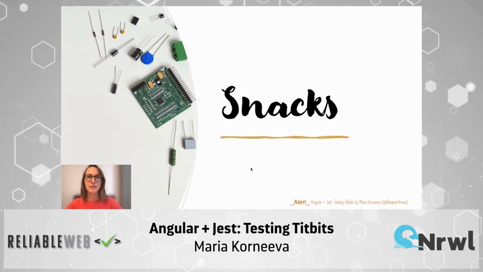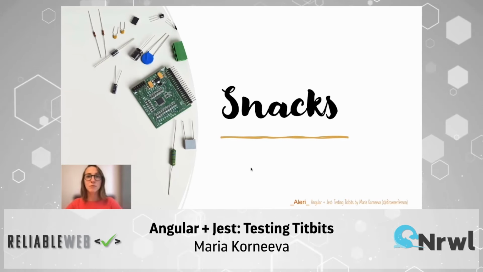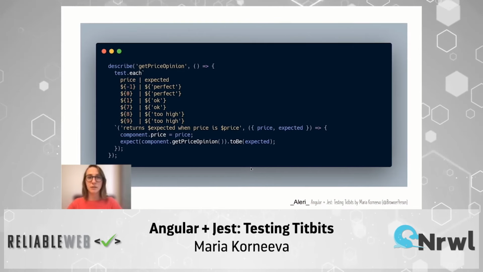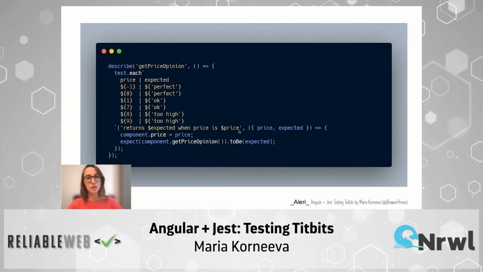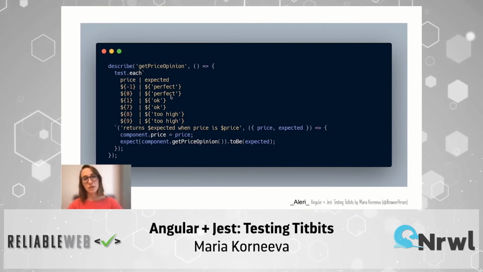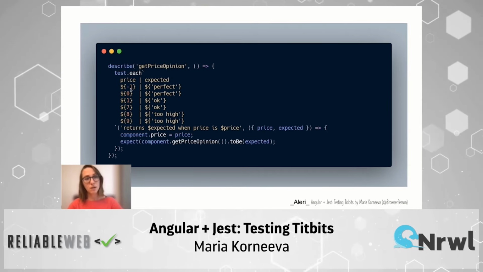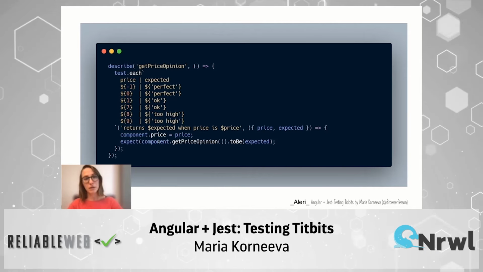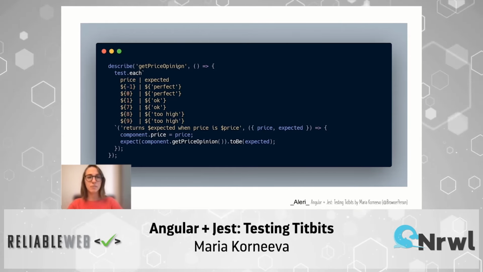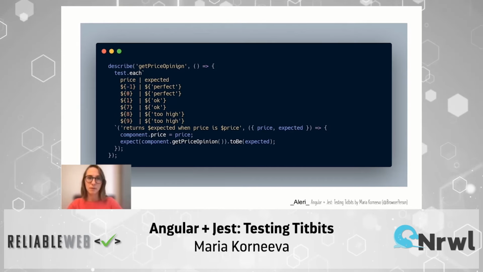Once we've clarified some underlying concepts, let's move on to some common scenarios. What I didn't know myself is that you can actually provide your test arguments in a table or in an array so that they all are tested through and compared to the expected value. Well, testing this particular method might not be reasonable.